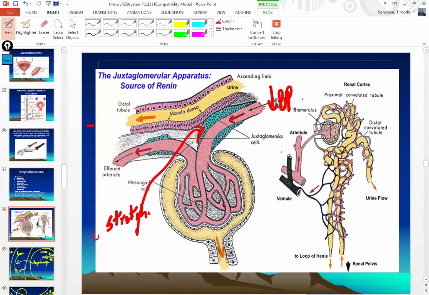Juxtaglomerular cells. So when it goes flat, what are you going to do to those juxtaglomerular cells? You're going to stretch them. And the juxtaglomerular cells respond to stretch, and when they're stretched, they release into the blood an enzyme called renin. Say yes.